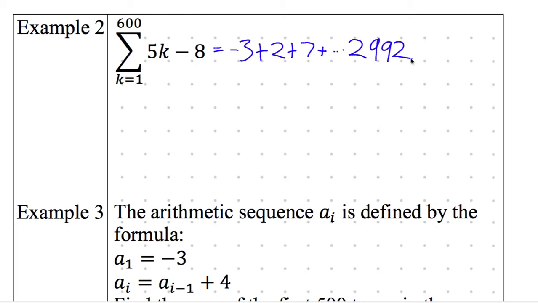Should I show you the formula for this one? It's going to be top minus bottom plus 1. You always plus 1. So top minus bottom, 600 minus 1 plus 1. So you get 600.